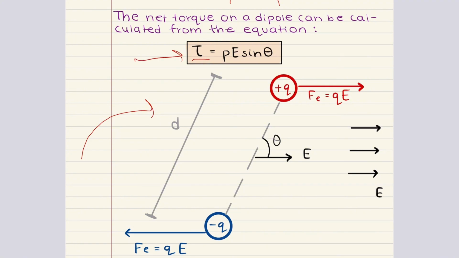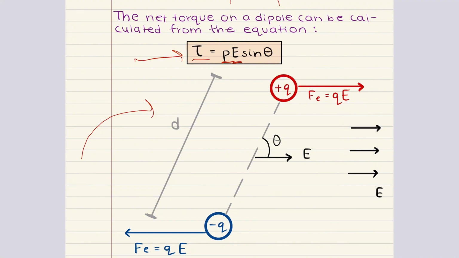This is equal to P, the dipole moment, multiplied by E, the magnitude of the external electric field, sine theta, where theta is the angle between the dipole axis and the direction of the electric field. This equation tells us that the torque depends on both the strength of the electric field and the dipole moment, as well as the orientation of the dipole relative to the field.